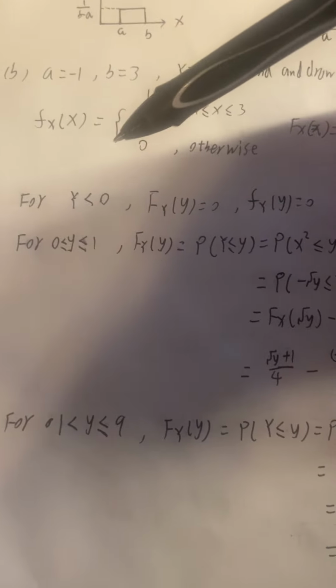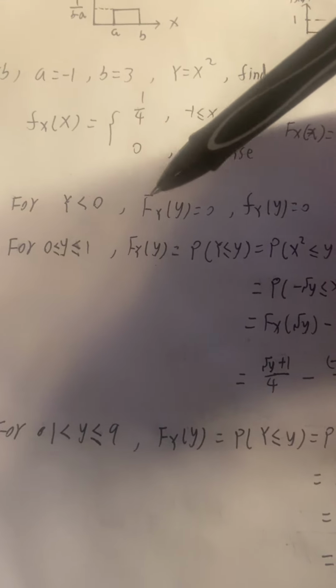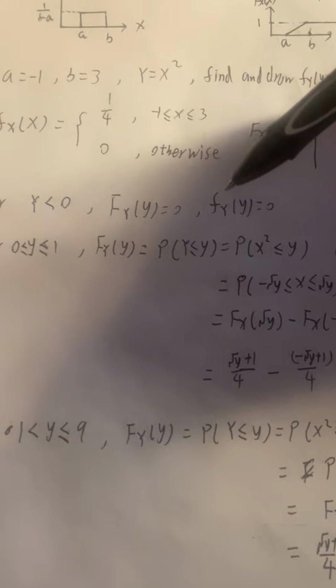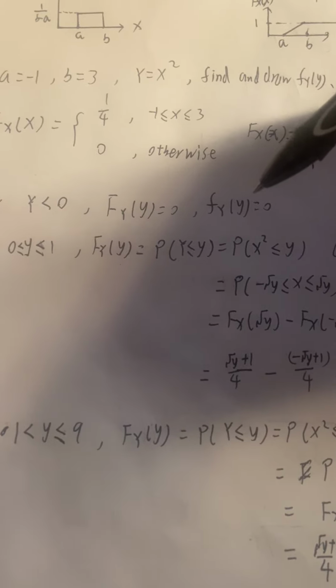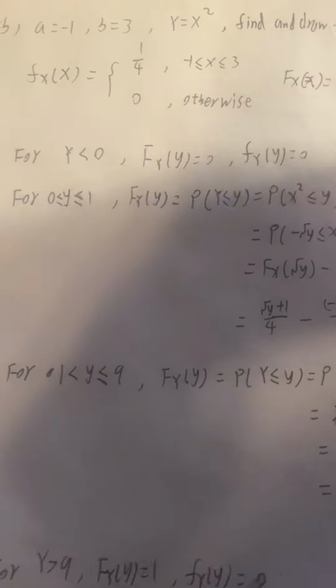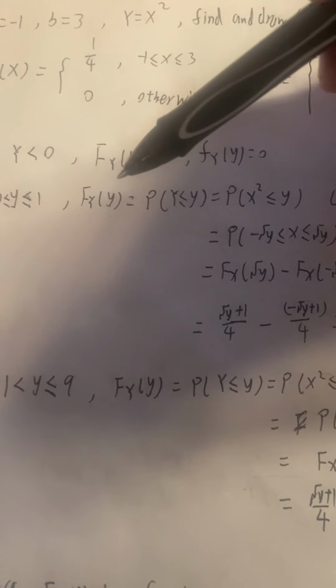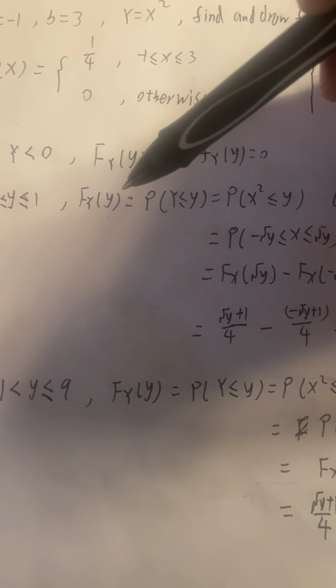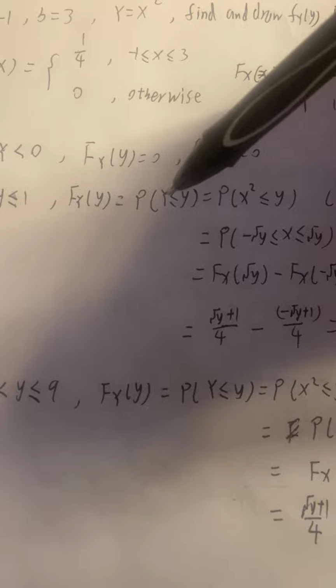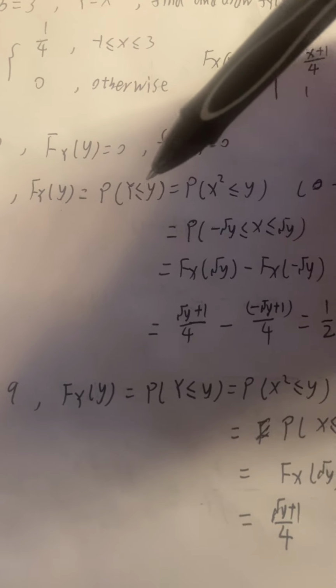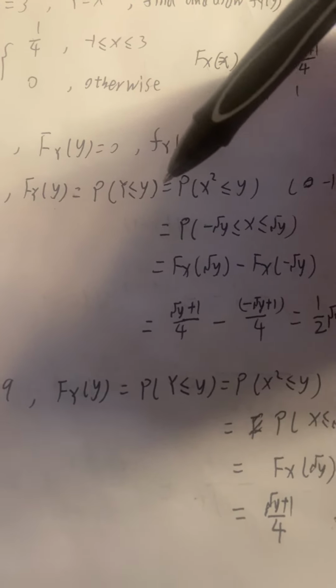For y less than 0, the density function and the distribution function of Y will be 0. When y is in [0, 1], the distribution function of Y is the probability that Y is less than or equal to y.